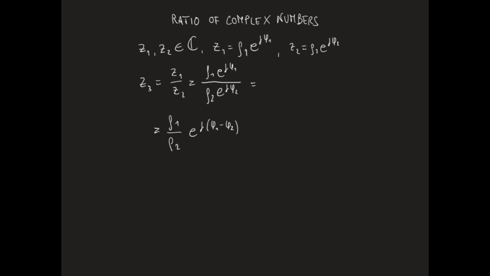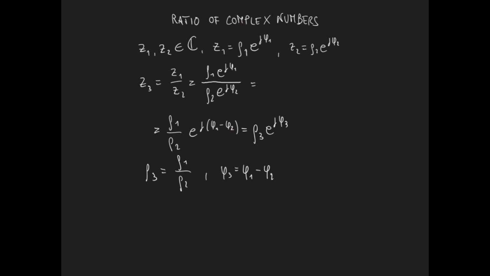So eventually, Z3 is a complex number rho 3 e to the j phi 3, where the modulus rho 3 is equal to the ratio between the moduli of the two complex numbers z1 and z2, and the phase phi 3 is the difference between the phases phi 1 and phi 2. The result for the phases were obtained by applying the quotient rule for exponents.